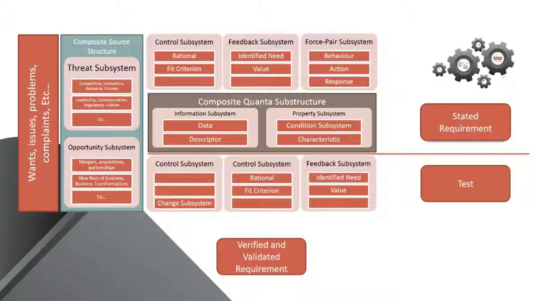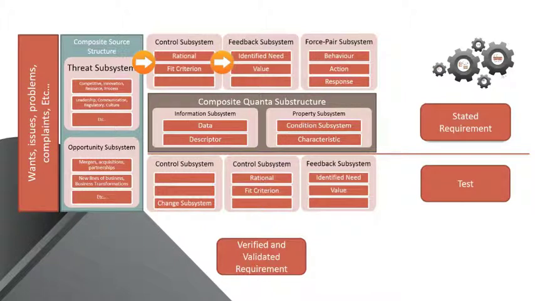Now what we're going to do is go through a bit of a process here to actually assemble the requirement. And so we're going to identify what the rationale is, why are we doing this, and our fit criterion. How will we know that once we do it, it was the right thing to do? So this is asking those 2 very basic questions. Are we building the right thing, and are we building it right?